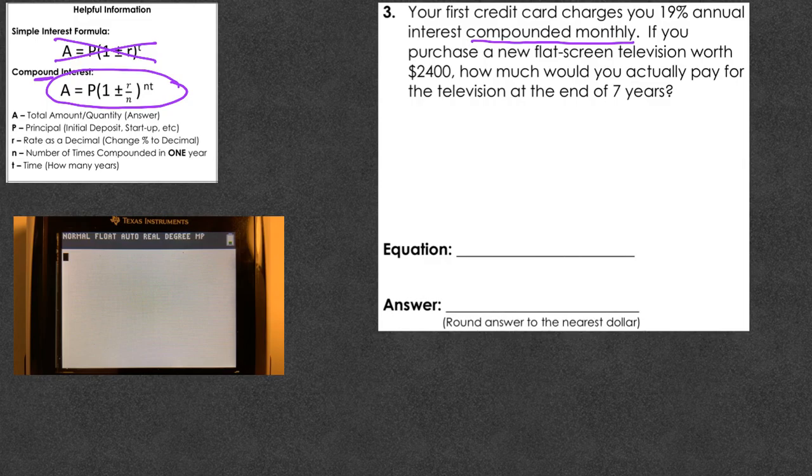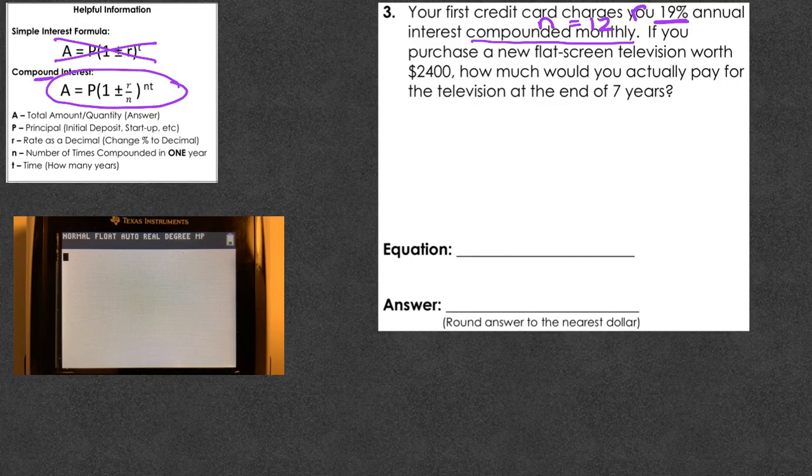So 19%, this would be our rate, and we'll work on changing that in a second. It says it's being compounded monthly, so that is going to be referring to our N. Monthly is, remember, the number of times it occurs in a year, so months would equal 12. There's 12 months in a year.